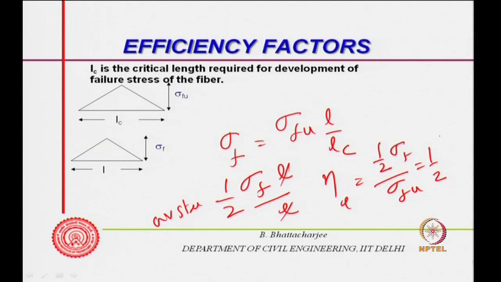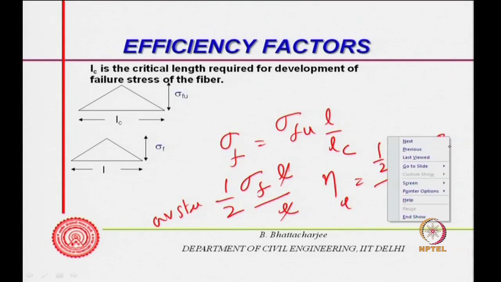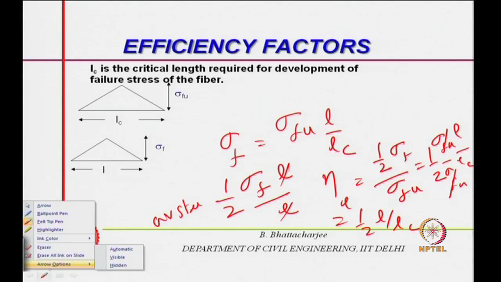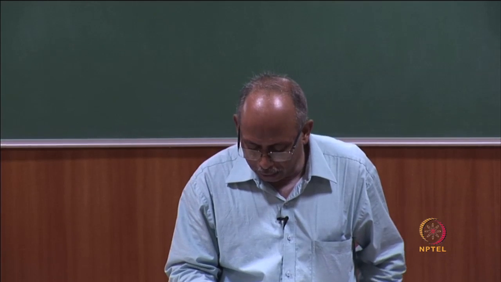Sigma f is nothing but sigma fu L by L C, and this divided by another sigma fu, so this will cancel out. I will be left with half L by L C if it is smaller. But if it is longer than L C, let us see what will happen.